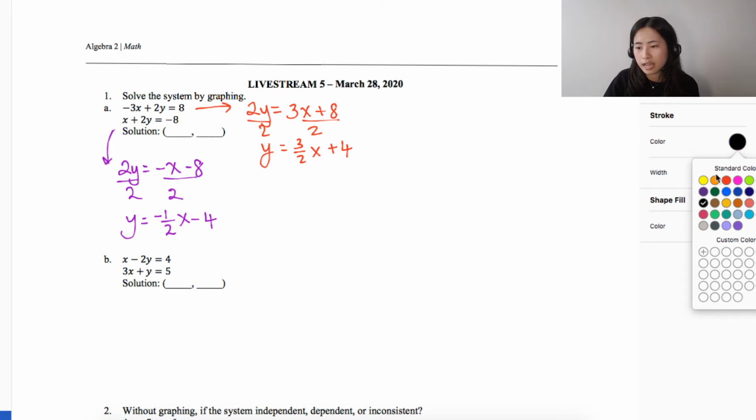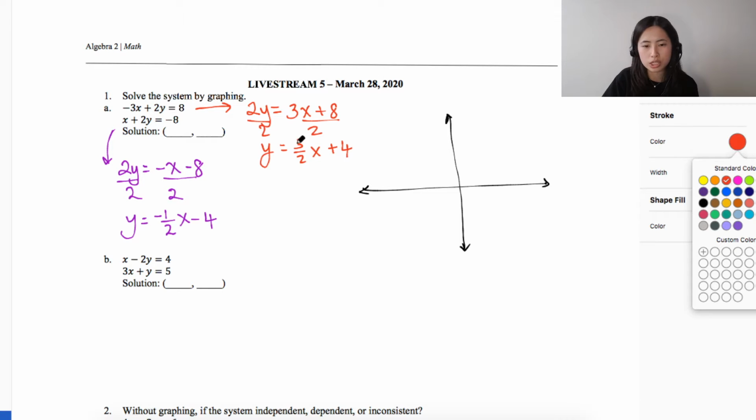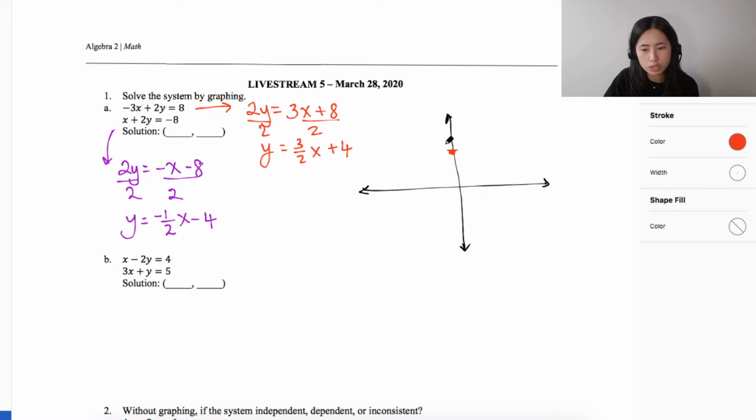Anything that is in black would be your x and y axis. So this is your y-axis and this is your x-axis. The red one would be the first equation. Because we have an intercept at 4, we're going to plot 4 first.